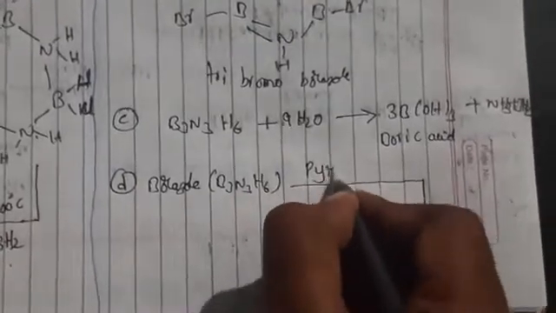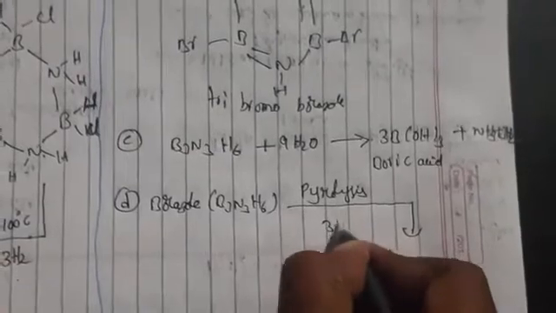It gives isomeric products when heated. That we call pyrolysis. When you do pyrolysis, it forms two types of isomeric products. One is B6N6H10, another one is B5N5H9.